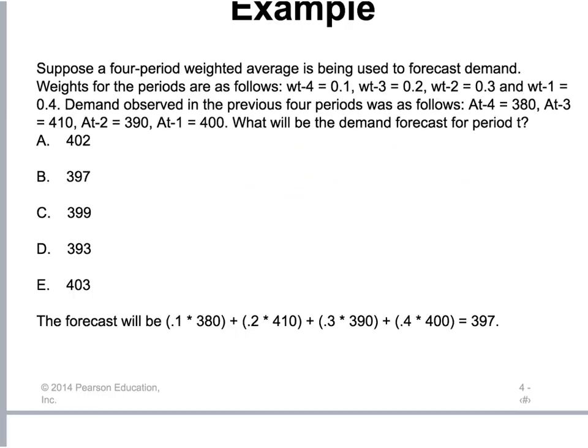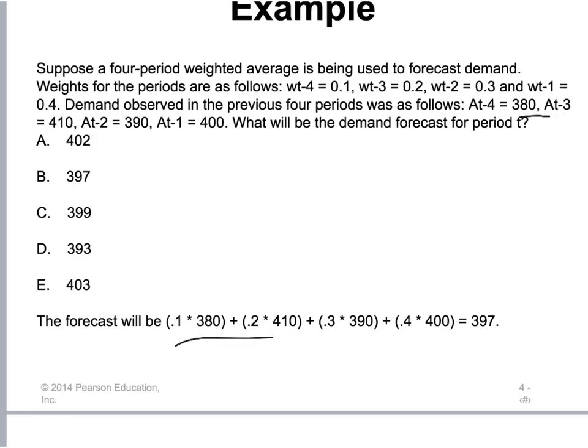Here's another example. Suppose a 4-period weighted average is being used to forecast demand. Weights for the periods are as follows: 4 periods ago is 0.1, 3 periods ago is 0.2, 2 periods ago is 0.3, 1 period ago is 0.4. The actual demand was 380 four months ago, 410 three months ago, 390 two months ago, and 400 one month ago.